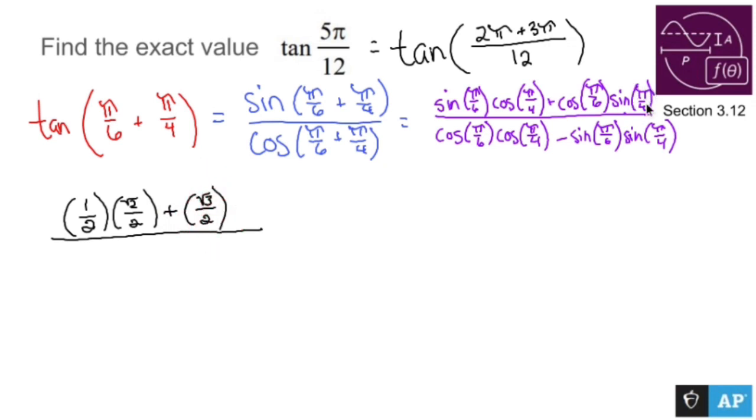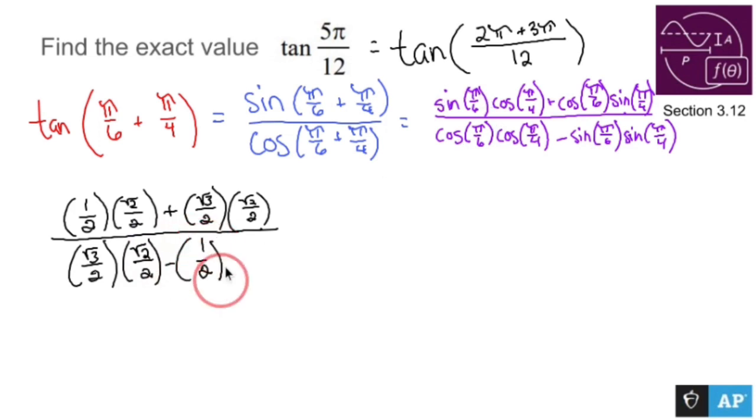And sine of pi over 4 is root 2 over 2. Cosine of pi over 6, which I already did, is root 3 over 2. Cosine of pi over 4, which I already did, is root 2 over 2. Minus sine of pi over 6, which I did over here, is a half. Sine of pi over 4, which I did, is root 2 over 2.